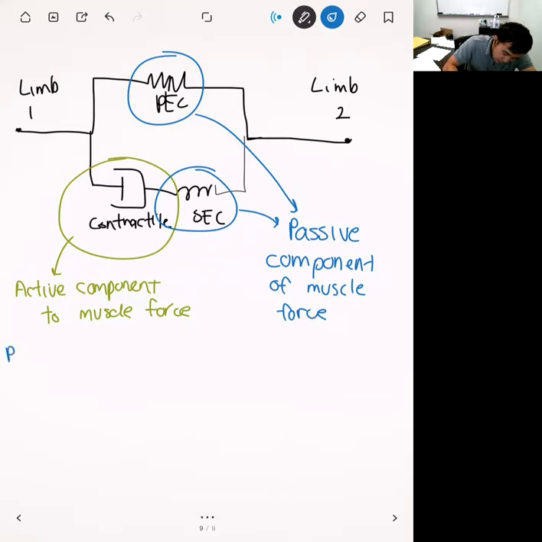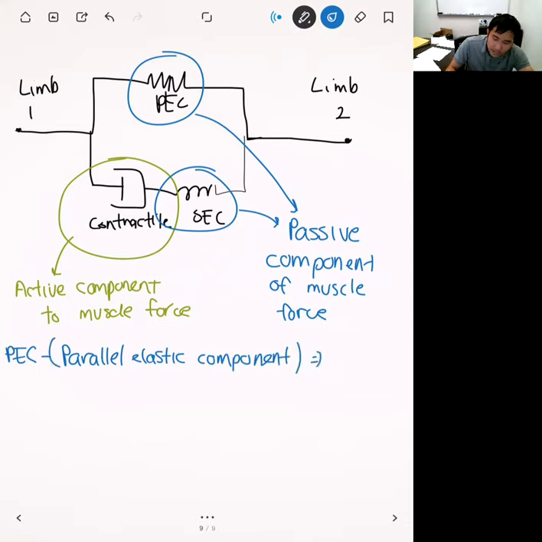Right. And so the PEC, this stands for the parallel elastic component. And what this does is that this provides a kind of resistive force. Okay.